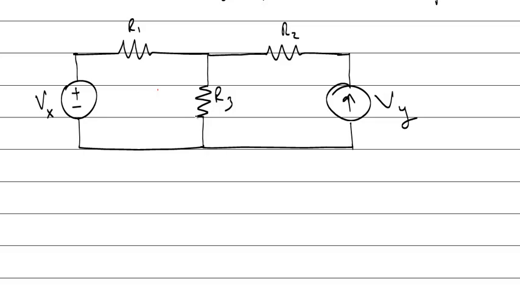Assume I know the values of sources, I know the values of resistors, and the question, what's the voltage of this point with respect to this point, for example? Or you can find any voltage of any component, any current of any component. You can find everything. You can find the powers of the components.